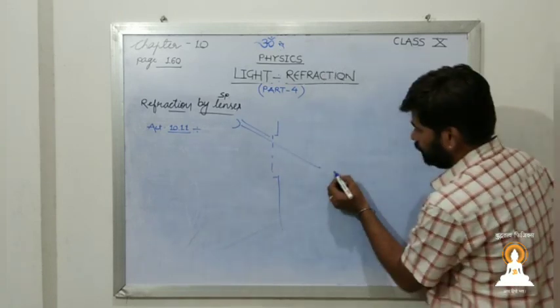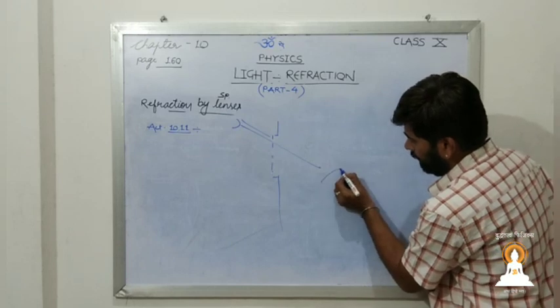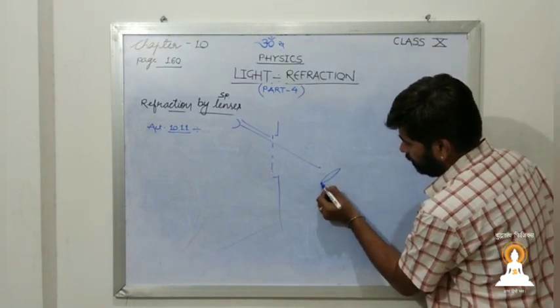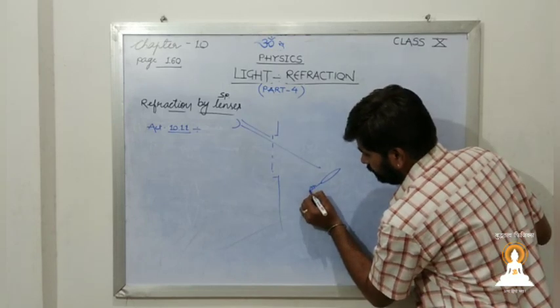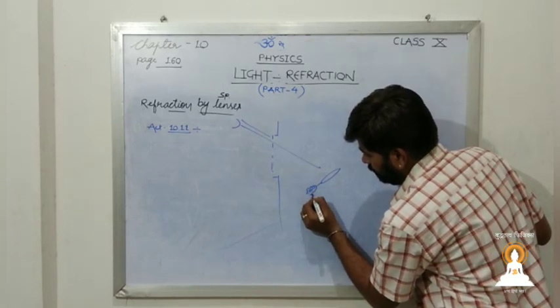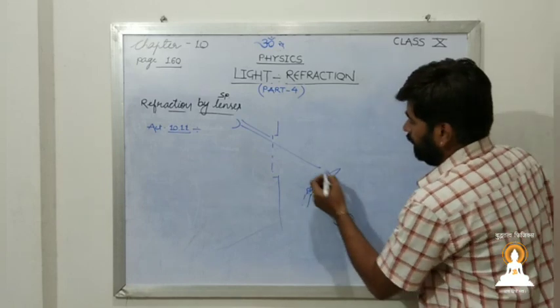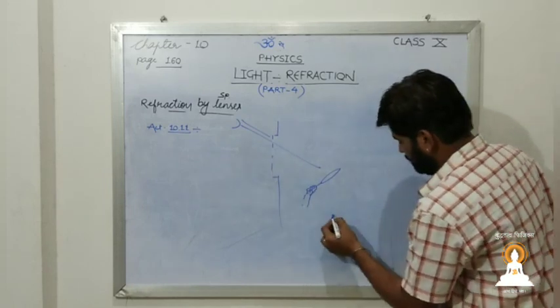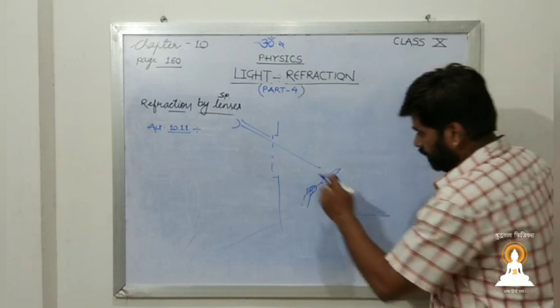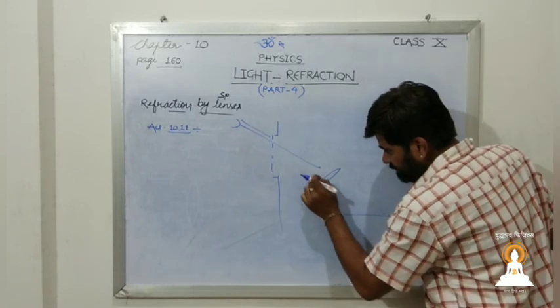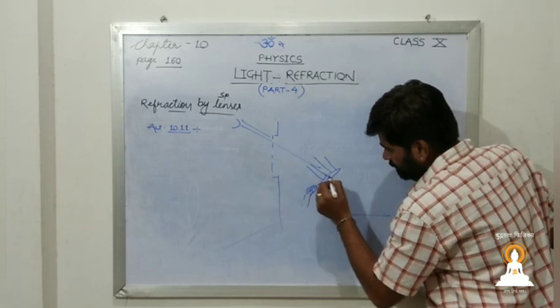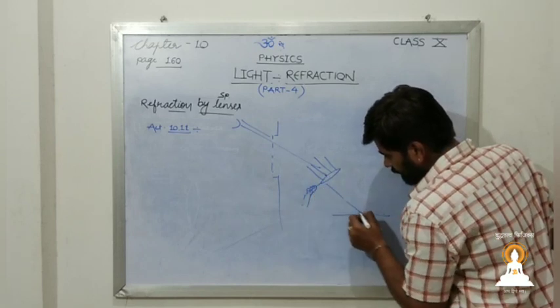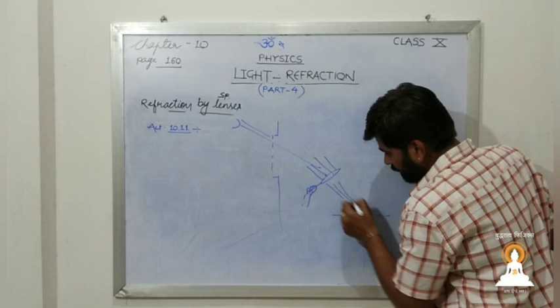Now what you have done is you have taken that magnifying glass in your hand. Here there is a paper. You adjusted it in such a way that all these rays concentrated at a particular point here.